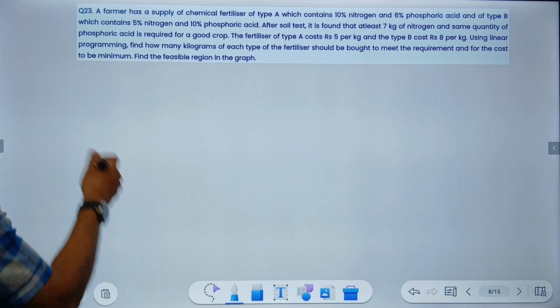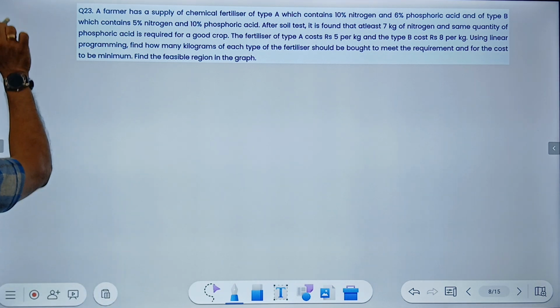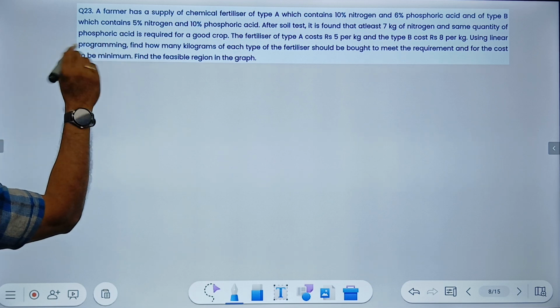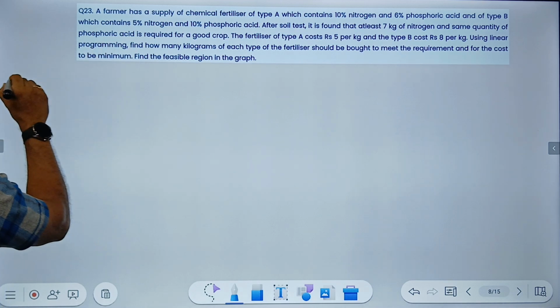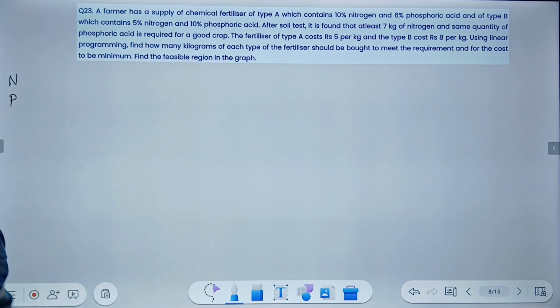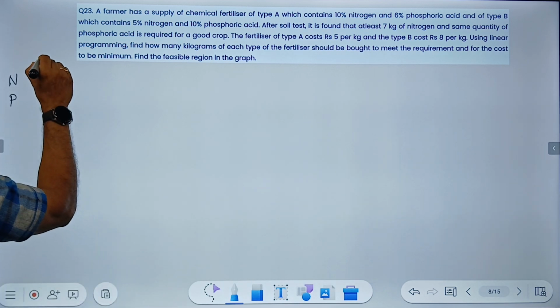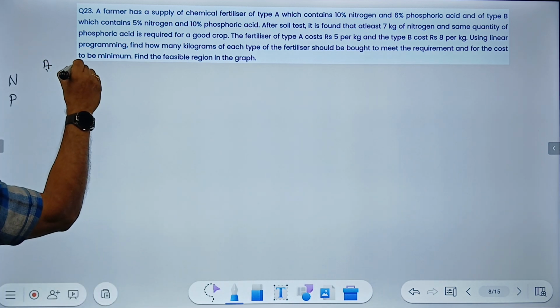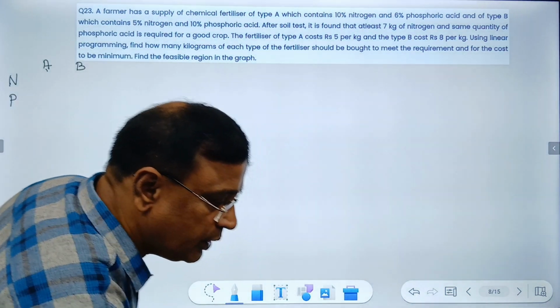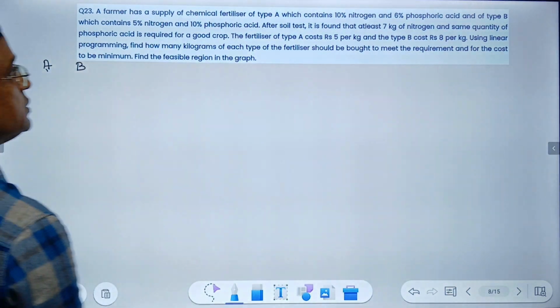So since they have said that, I will write let, I will come to that later if you want. First we will write what are the nitrogen and phosphorus, and there are 2 types of food. What are they? Type A and type B. Okay. Now what is the first condition?